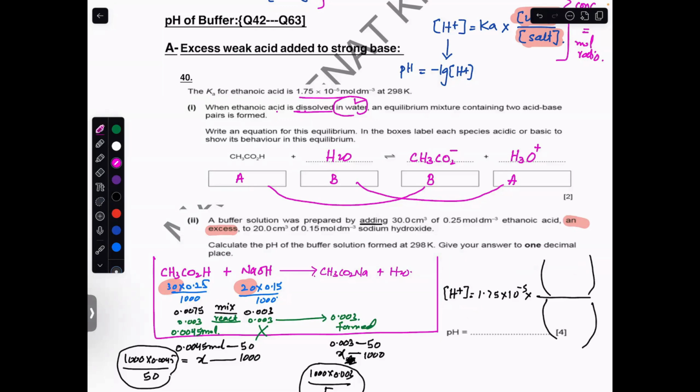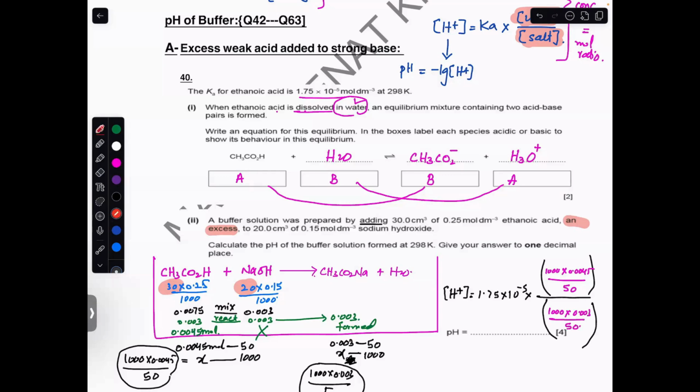What is the weak acid? 1000 into 0.0045 over 50 divided by 1000 into 0.003 over 50.